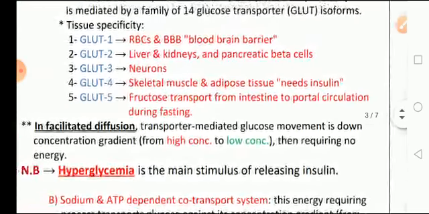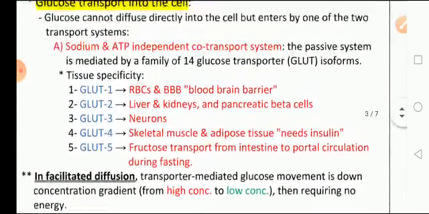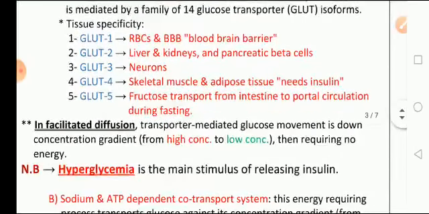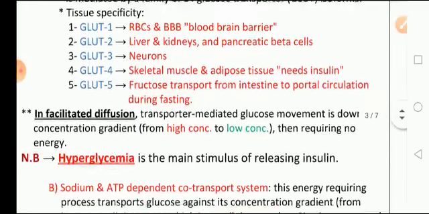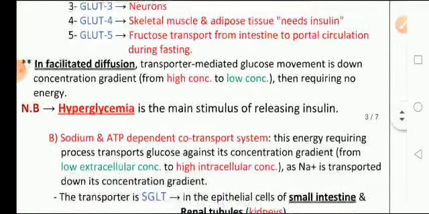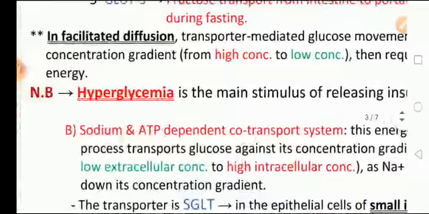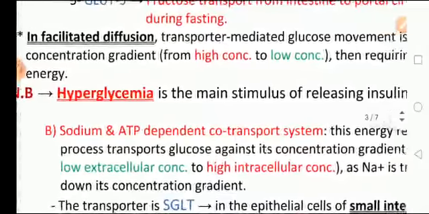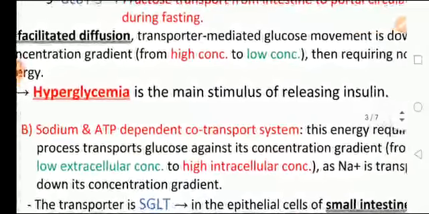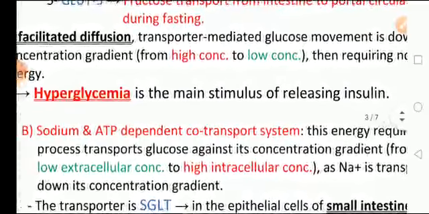As I mentioned before, this system uses facilitated diffusion, and this is a very important note. Hyperglycemia is the main stimulus of releasing insulin. What does hyperglycemia mean? High blood glucose level.